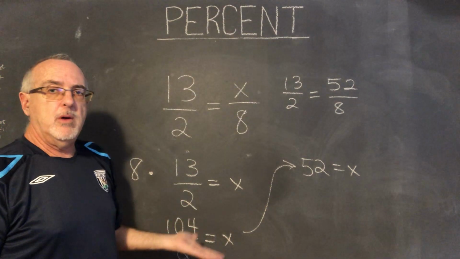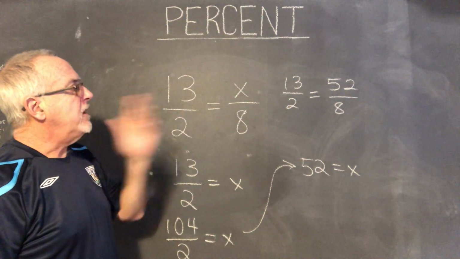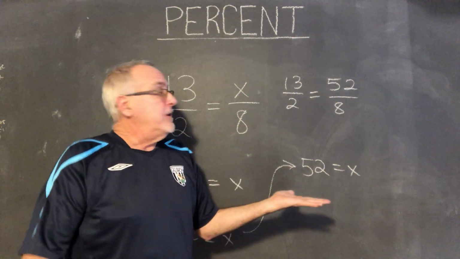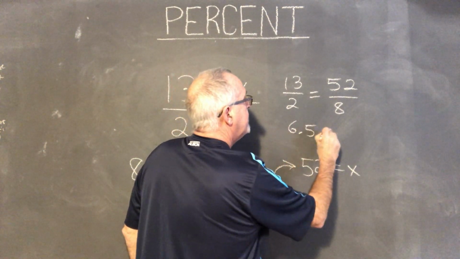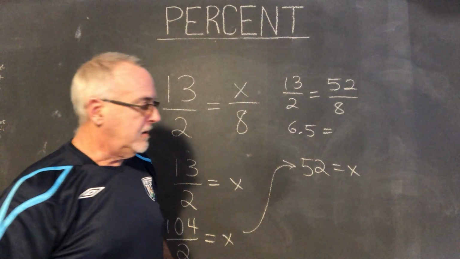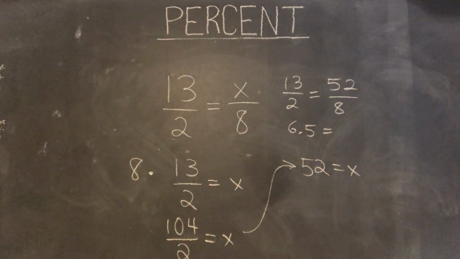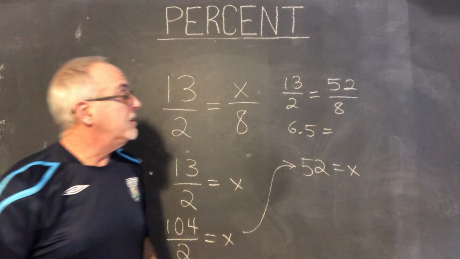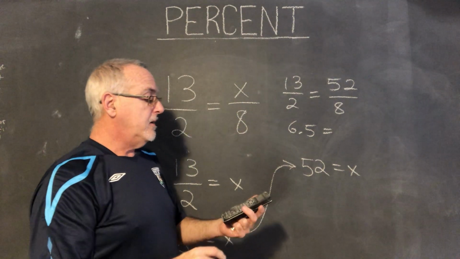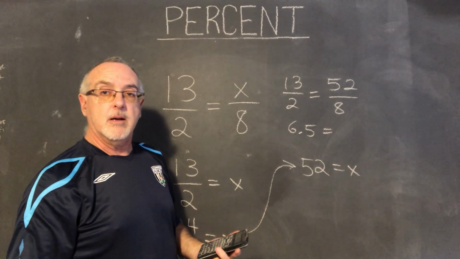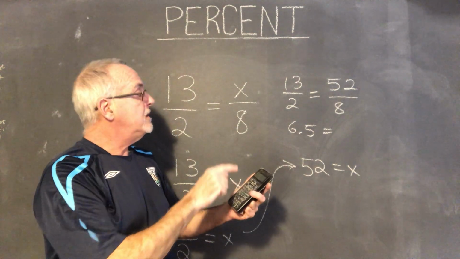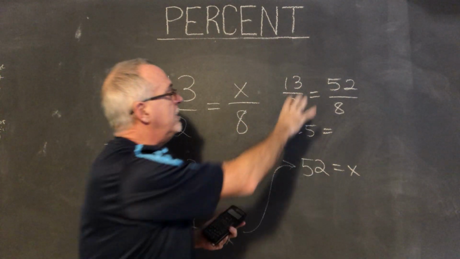And then there's more than one way of verifying it. I can divide both sides. These are divisions. Fractions are divisions. 13 divided by 2 is going to be 6.5. Now, I can do that without a calculator, but of course, if someone needs a calculator, they should use it. And I think I'll do 52 divided by 8 with the calculator. I think I could do it correctly without the calculator, but I think I'm going to use this method for verifying.